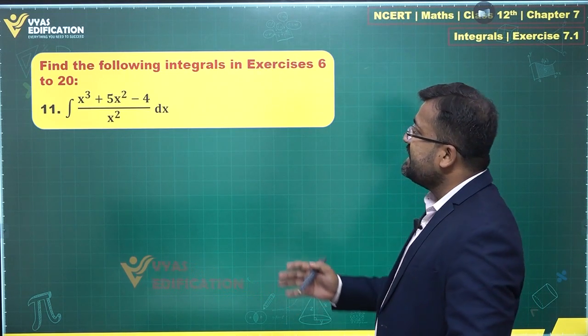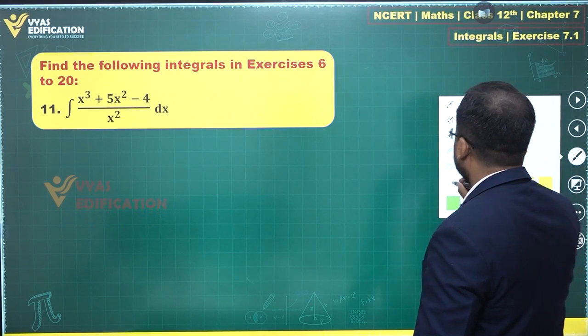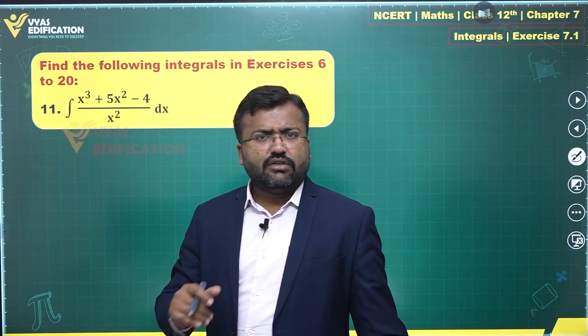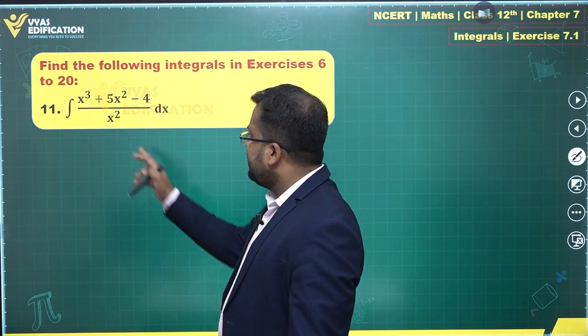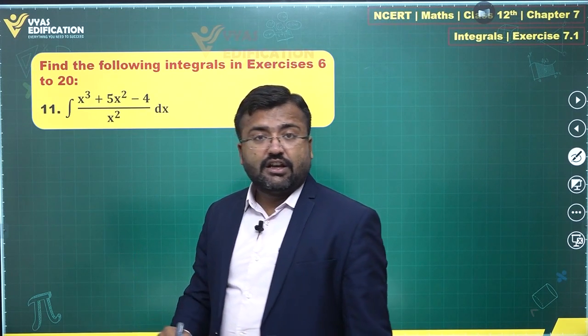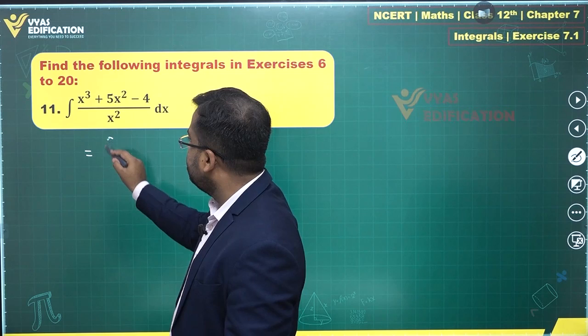Question number 11 says integrate x power 3 plus 5x square minus 4, whole divided by x square. How do we deal with this one? We see this x square is creating a problem, but if you slightly modify it and write it as separate terms, what do you see?